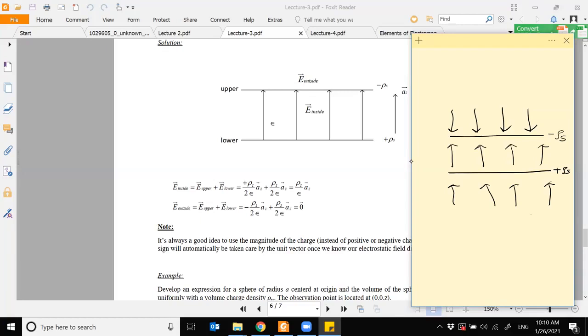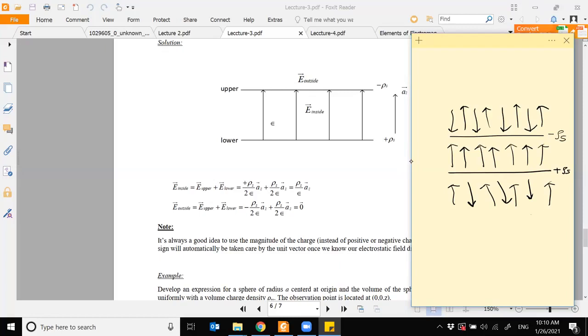It will be going away, going away here also, and here as well. Clear? Now, what is happening?